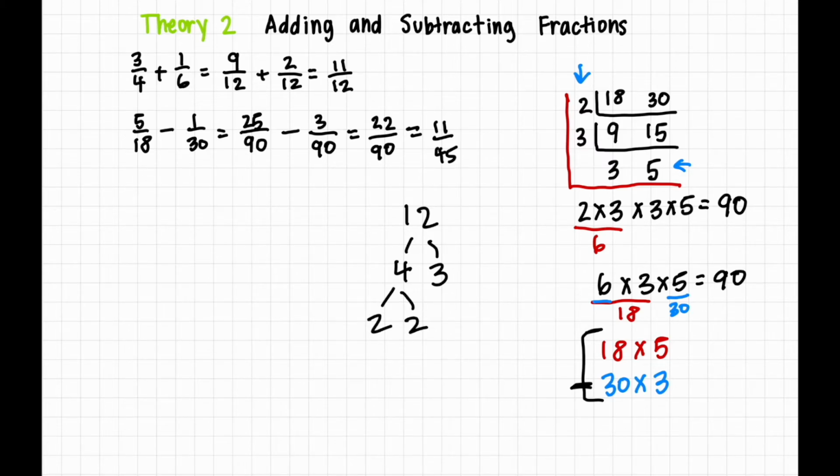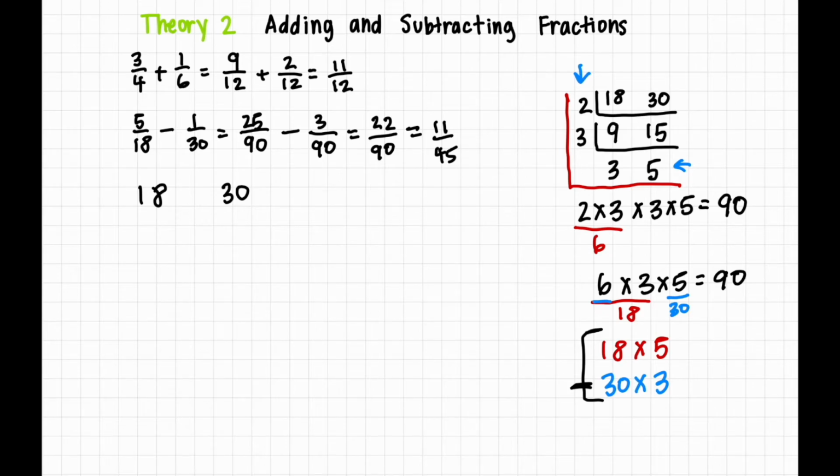So 12 is equal to 2 times 2 times 3. That's essentially prime factorization, and we use it in this method. So we prime factorize the two numbers that we have. So let's do that real quick.